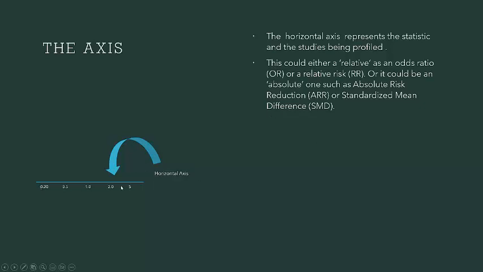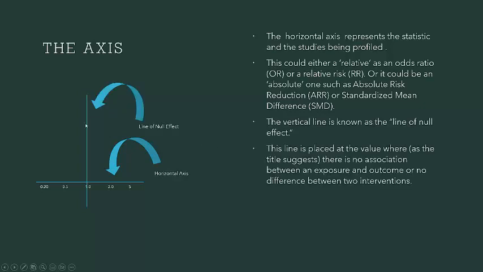So here we can see this is the line of null effect. The vertical line is known as the line of null effect. This line is placed at the value where, as the title suggests, there is no association between an exposure and outcome, or no difference between the two interventions, if we are comparing two interventions.